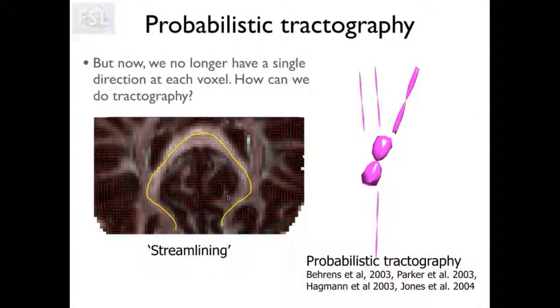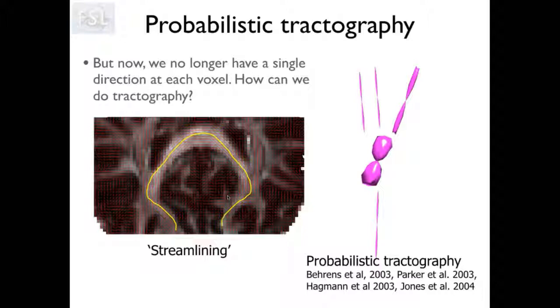What this basically means is I don't want to do just a single streamline, but if you remember, now in every voxel I don't just have a single estimate of a principal diffusion direction, but I have a distribution of sticks. I have a distribution of orientations for all the fiber populations that I estimate.